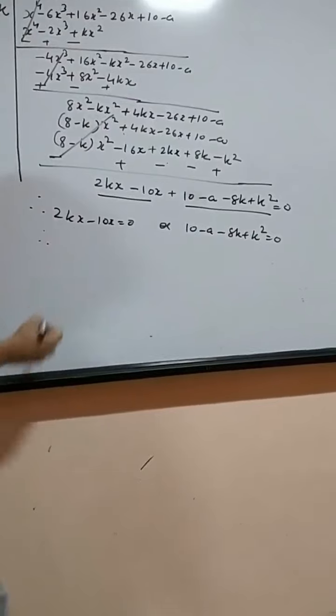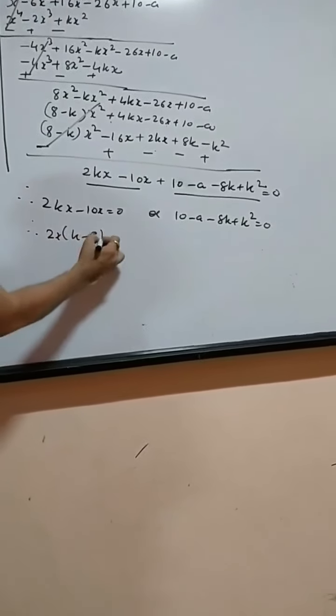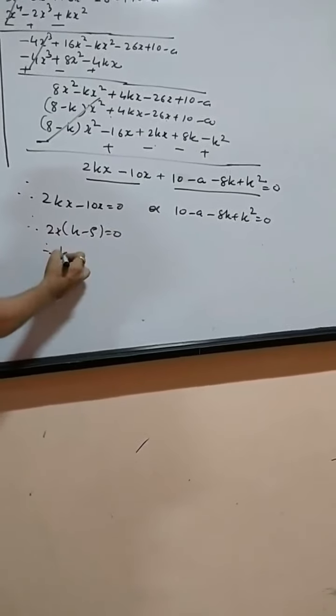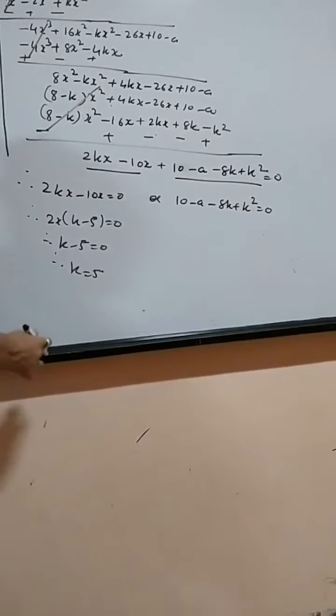Therefore, what is common here? 2x common. Therefore, k minus 5 is 0. Then k is equal to 5.